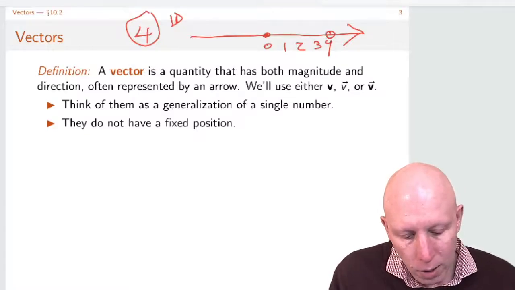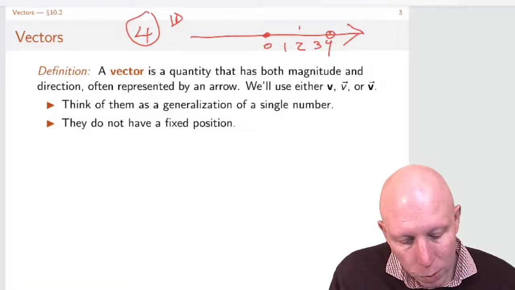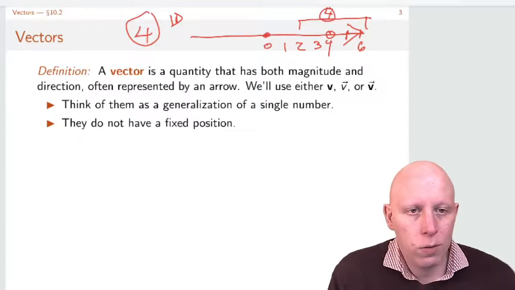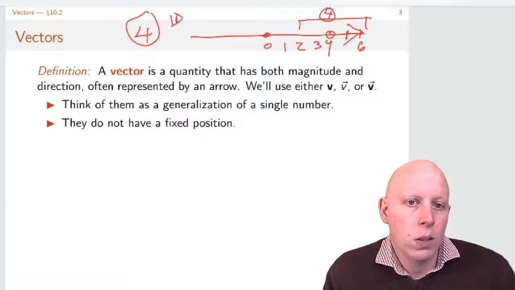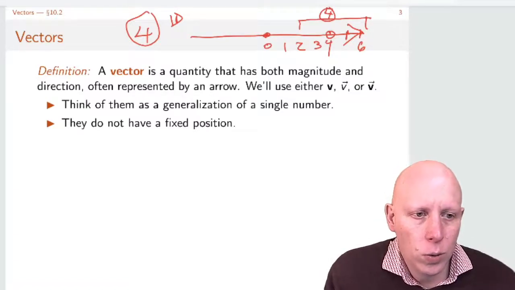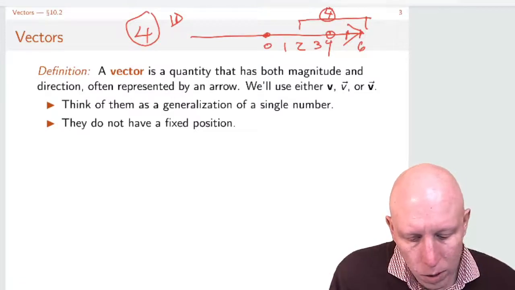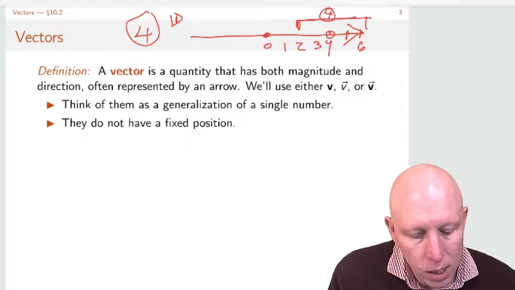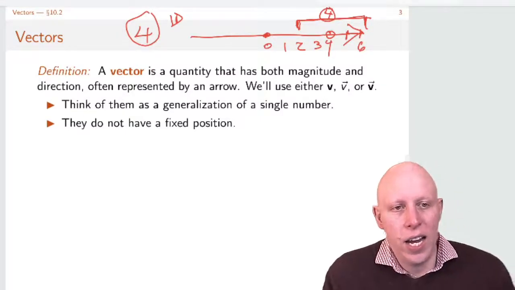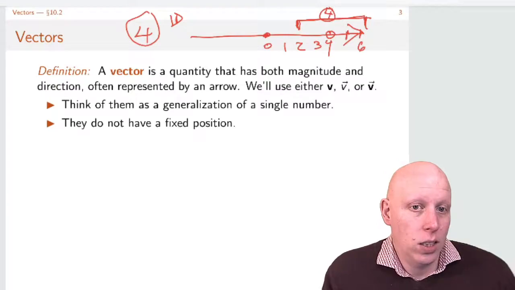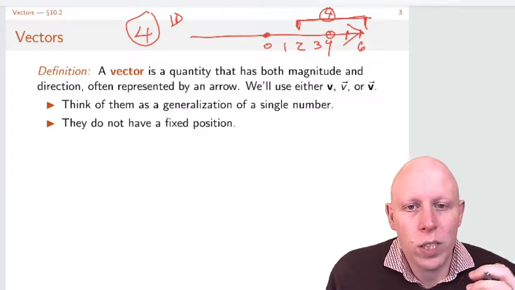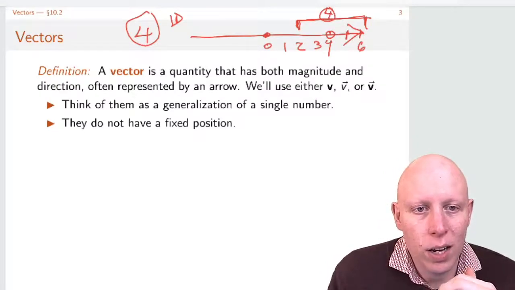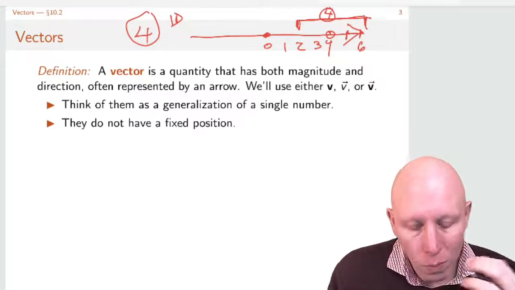So, for instance, we could think of 4 as being the distance from 2 to 6. This is also 4. So, we're going to take the more abstract idea of this 4 being a distance or a direction, and we're going to expand that to talk about higher dimensions.